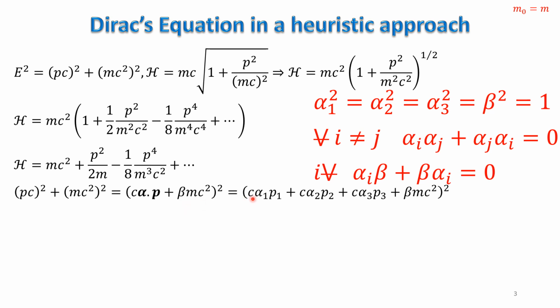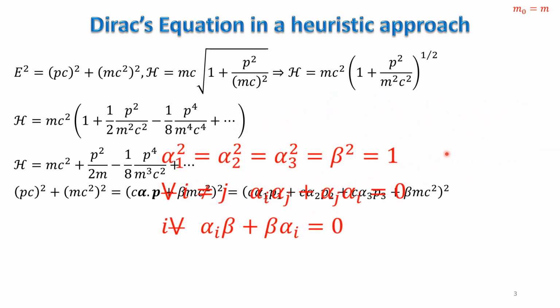Moreover, in this expansion we'll get 12 more terms. Those should vanish. For that, for all i not equal to j, alpha i alpha j plus alpha j alpha i should vanish. Similarly, alpha i beta plus beta alpha i for all i should also vanish, so that this takes care of the 12 terms that should vanish.